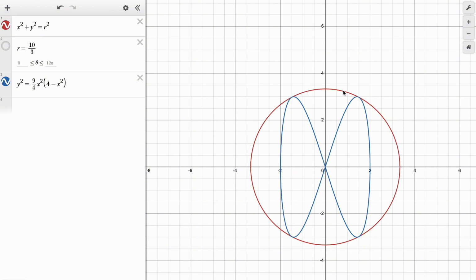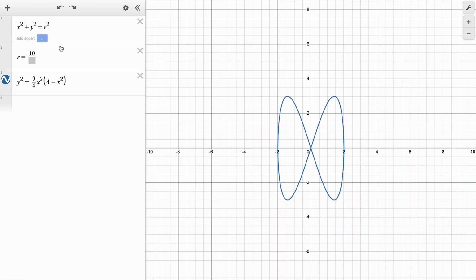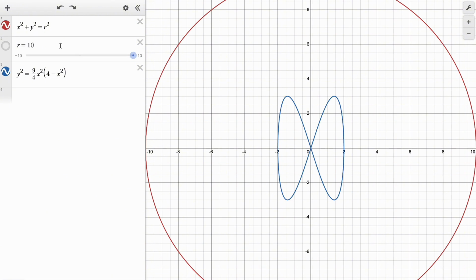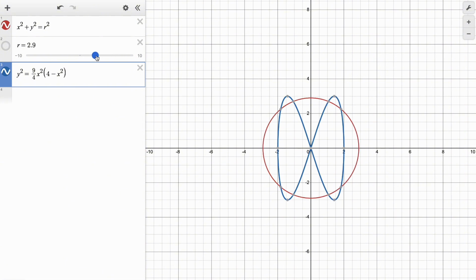Alright, so as I was explaining before, as the radius increases, the x value of the intersection also increases for this point. But you could also say the opposite. As the x value of this intersection increases, the radius of the circle also increases.